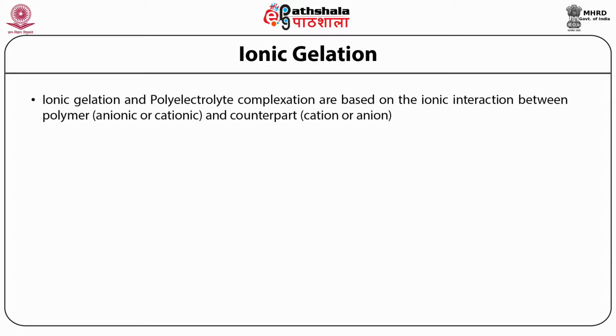Ionic gelation and polyelectrolyte complexation are based on the ionic interaction between a polymer, which may be anionic or cationic, and its counterpart, that is a cation or anion. Ionic interaction between these two moieties undergoes a material transition from liquid stage to gel, resulting in nanoparticle formation.